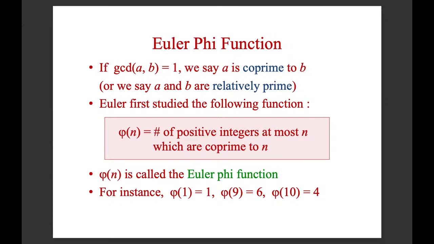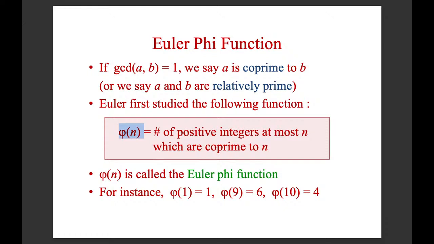Okay, so recall when a and b have greatest common divisor 1, then we will say a is coprime to b. Or we will say a and b, they are relatively prime. Now, Euler studied the following function, although at that time, Euler didn't use the notation phi to represent such a thing.